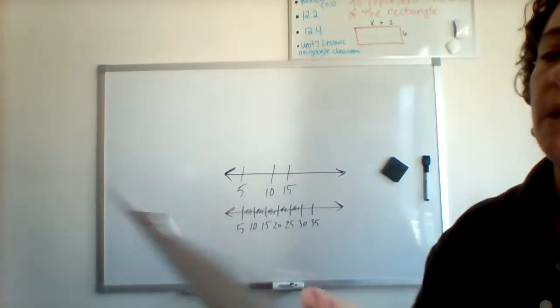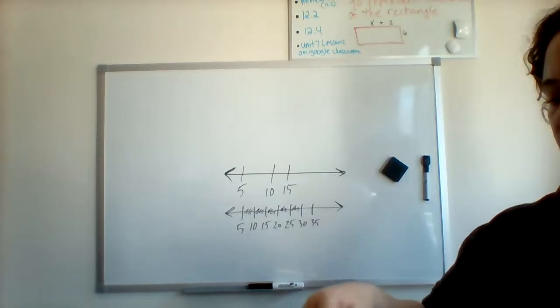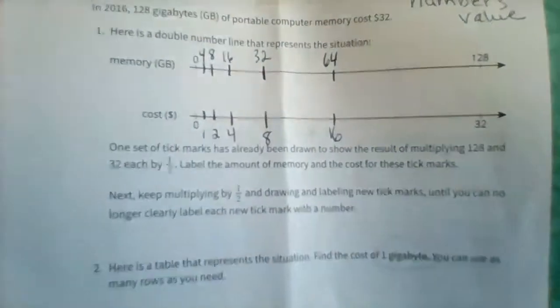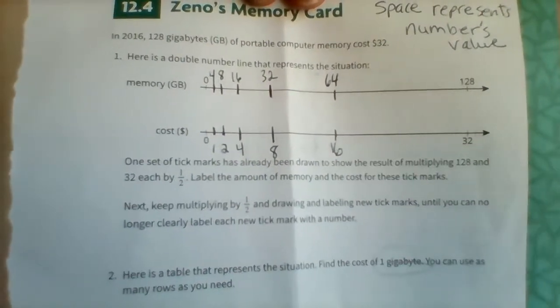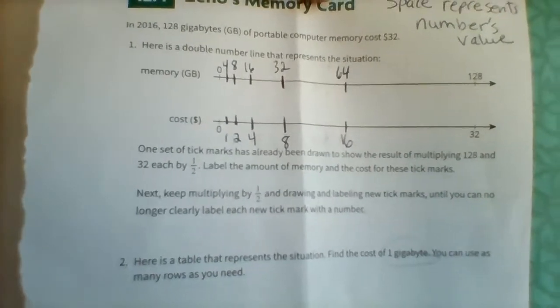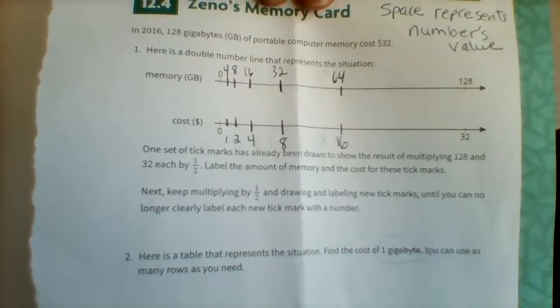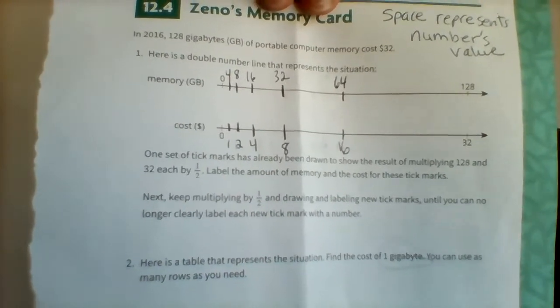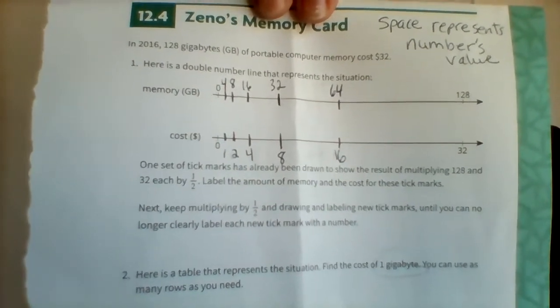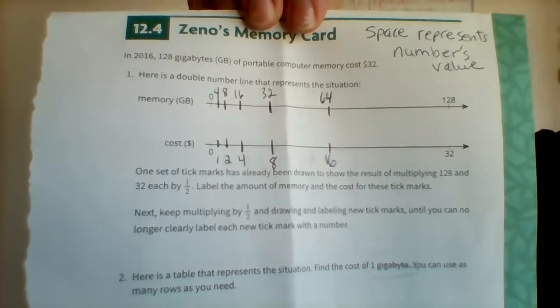And I'll show it to you again. Which unit rate or unit price do I have on the double number line? I have it for how many gigabytes I could get for $1, right?